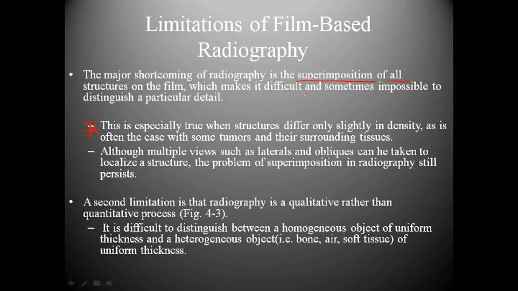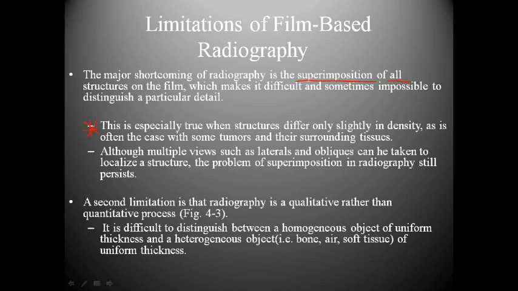Also, uterine cancer would. Things like this. We do know that lung cancer shows up very well in the lungs when you shoot a chest X-ray, but that's a totally different ballgame. When the tumors differ very slightly in density from the surrounding tissue, you cannot see them.